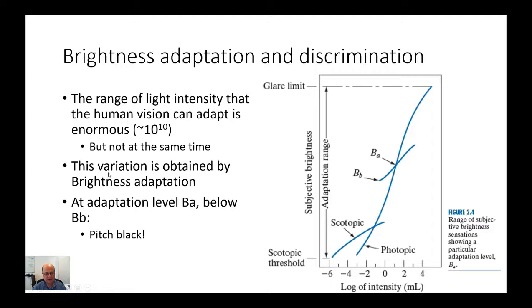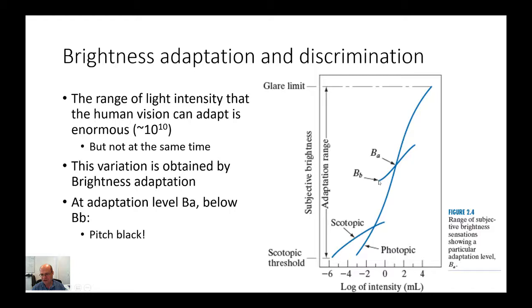That's what's called brightness adaptation. So we have an adaptation level. For an adaptation level BA, you have a different perception of very dark to very bright. Under this point, you are now in a rather bright scene.